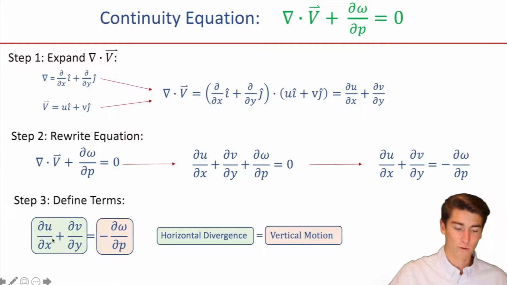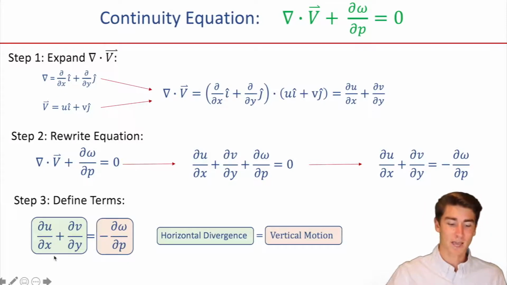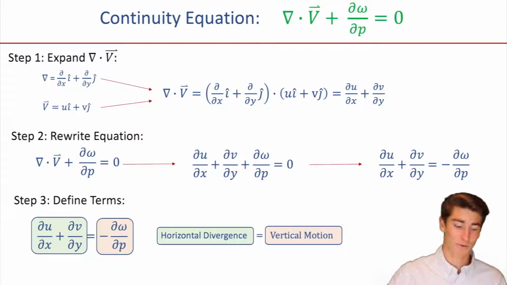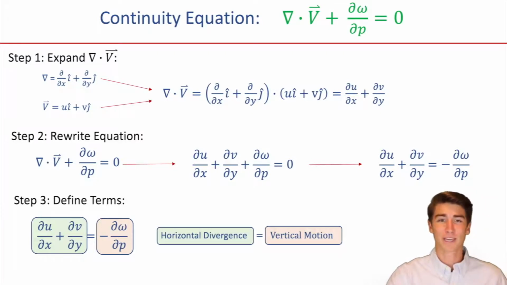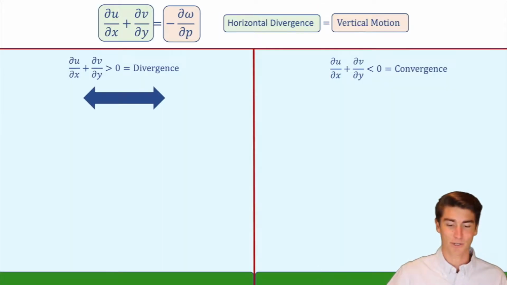So how u, the east-west wind, changes with respect to x, plus how v, the north-south wind, changes with respect to y, equals vertical motion. Omega represents vertical velocity with respect to pressure, so you could think of it as vertical wind in a way. That's going to make a lot more sense once you see this picture.